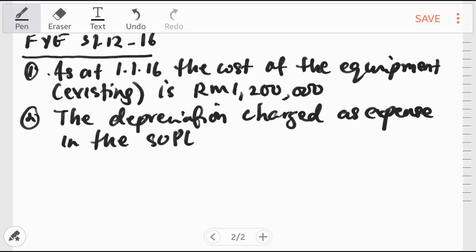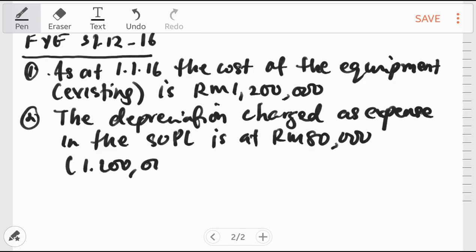If you say that, in case this is just an explanation of accounting treatment, so you need to show the working here. Just show the working, simple working, 80,000. So just show 1.2 million divided by 15 times 1.